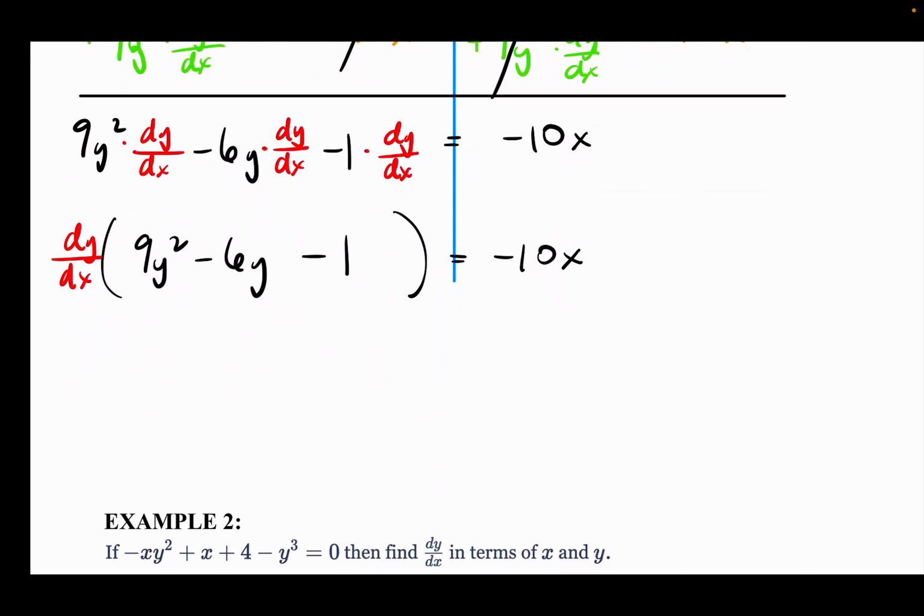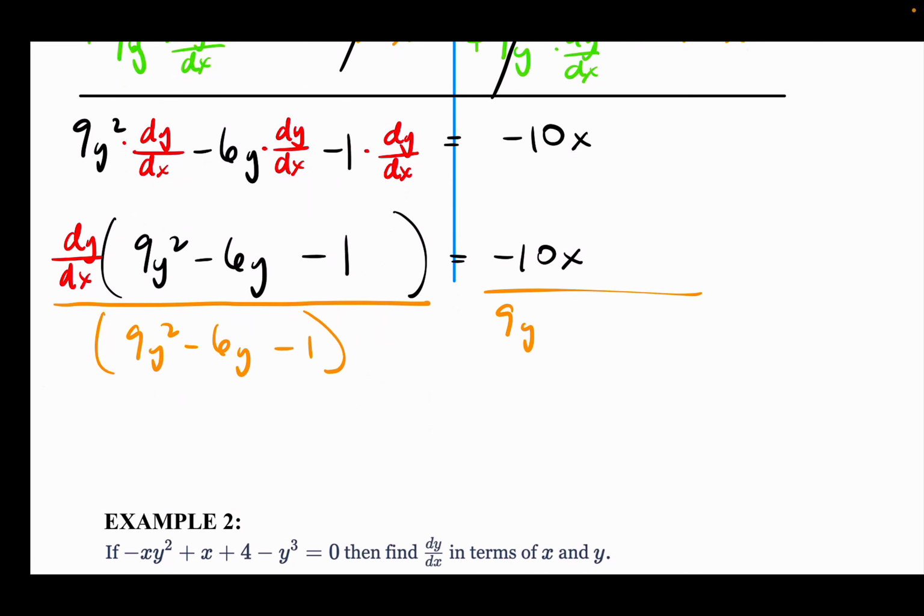How do I get dy dx by itself? Division, right? It's the red times the black. What's the opposite of multiplication? Division, right? So what I'm going to do is divide both sides by everything other than dy dx, the stuff that I don't want there, because I want dy dx to be by itself.